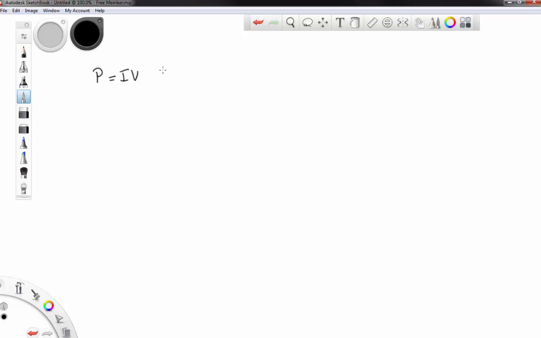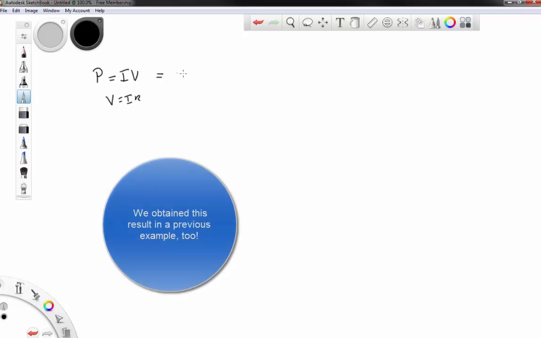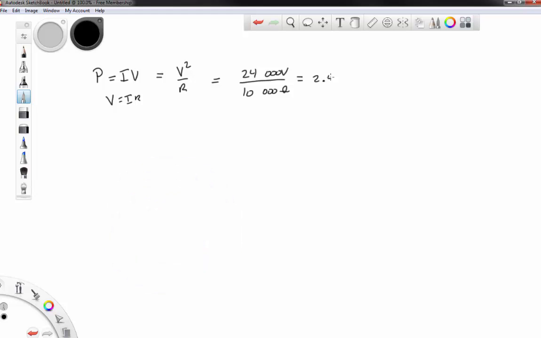So without the stepping up, by the way, using that V is equal to IR means that P is equal to V squared over R. So we would have 24,000 volts squared divided by this initial resistance, 10,000 ohms. And so you'd end up with 2.4 watts.